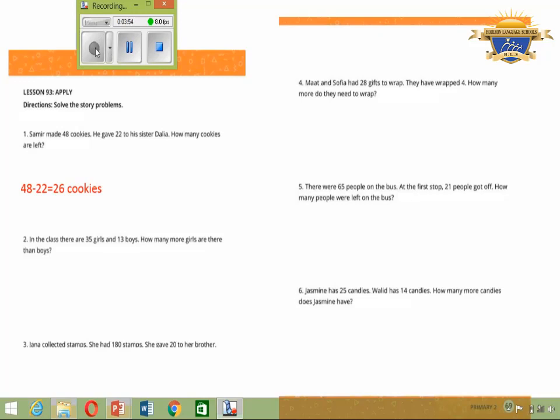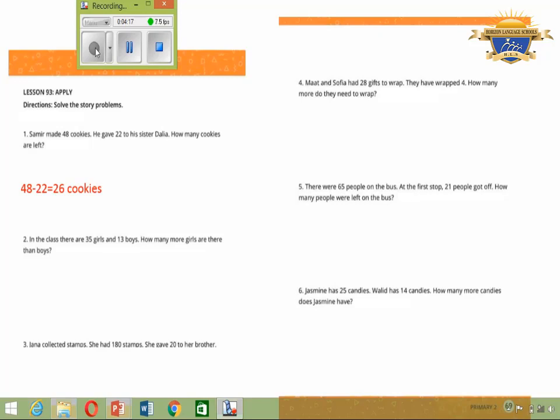As you know from English, more than means compare between two quantities or two things. And obviously, the girls are more than boys in the class because there are 35 girls. But how many girls are more than boys?